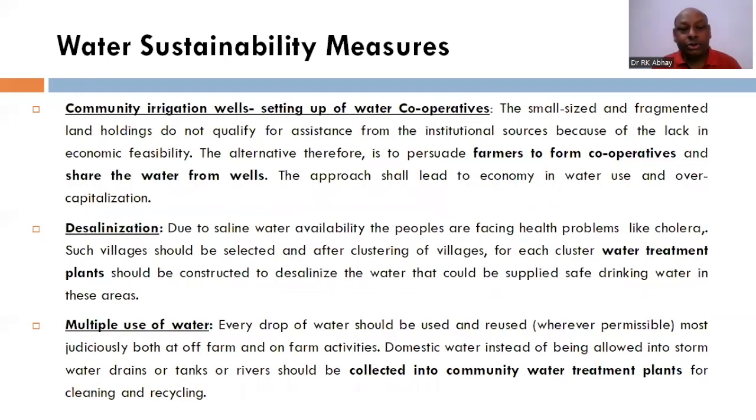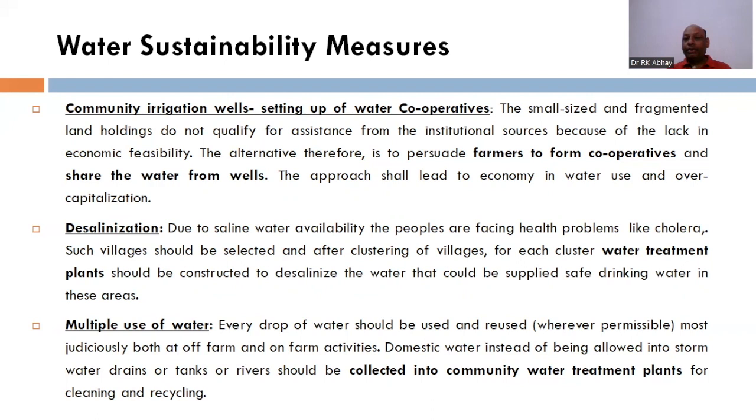I think we should also motivate people to have community irrigation wells, and they should form water cooperatives, because most farmers in the country are small farmers with small and fragmented land holdings, and do not qualify for assistance from governments.